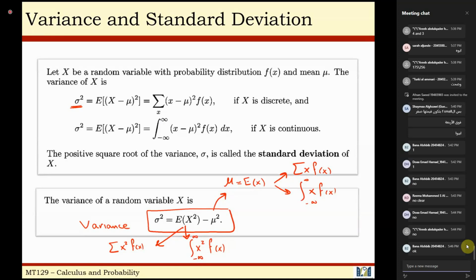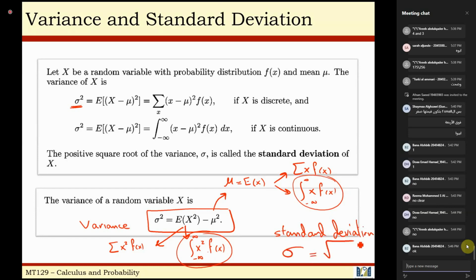So if we need to find the variance, we must find x multiply f of x and x square multiply f of x. The standard deviation, SD, is called sigma.